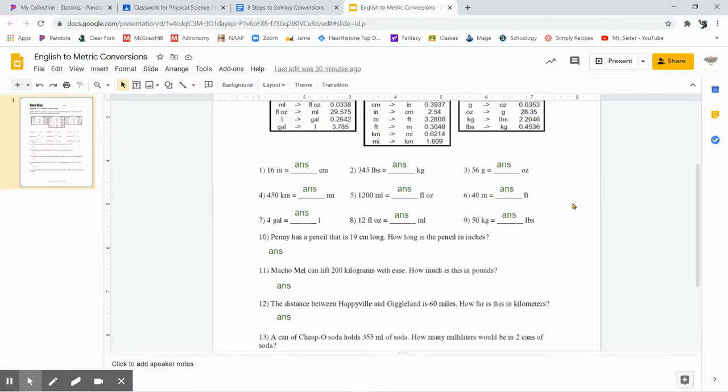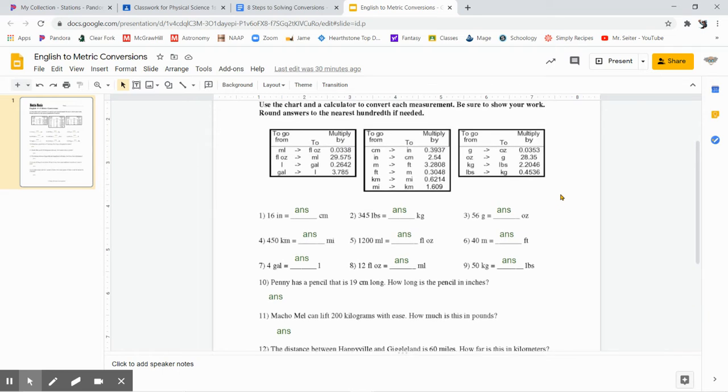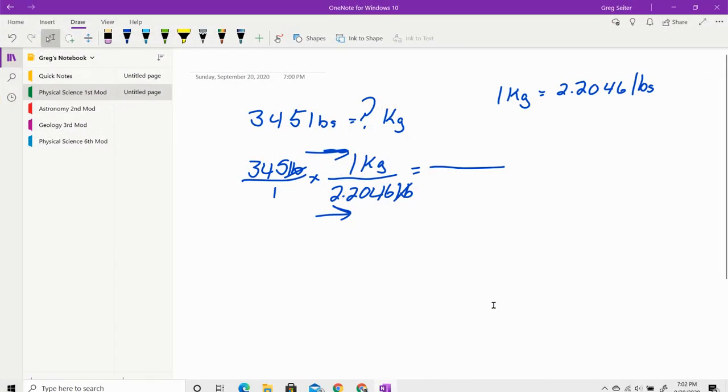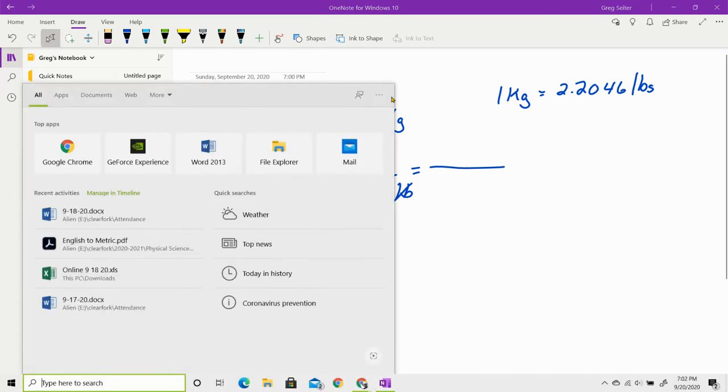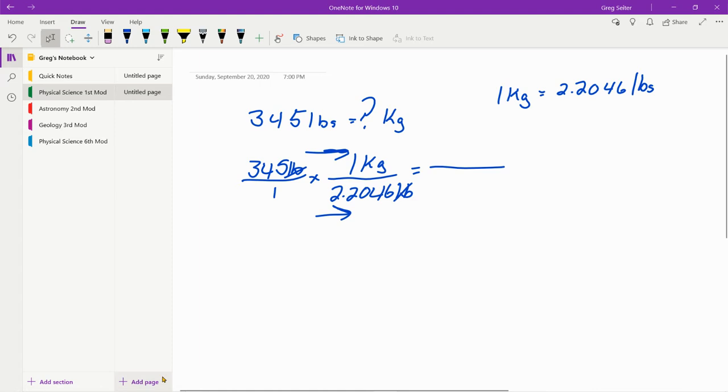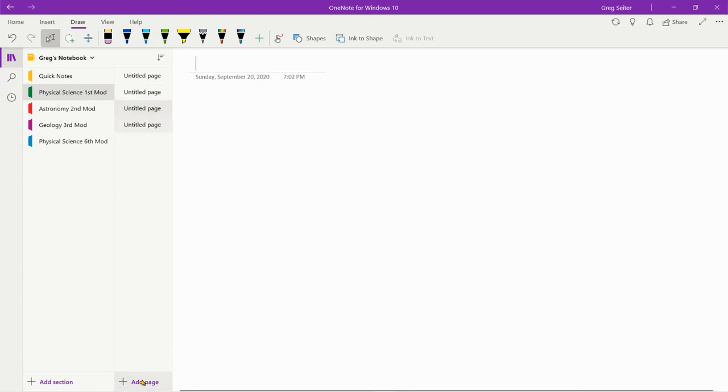Number 3, 56 grams equals how many ounces? Okay. Let's write that down. 56 grams equals how many ounces? I'm just going to add a few pages here.